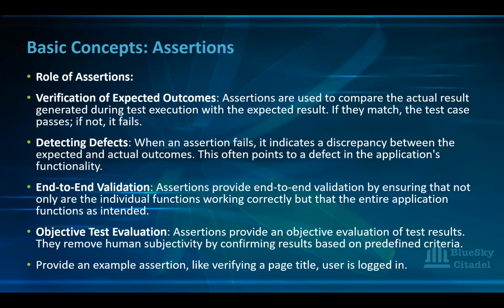Then you have end-to-end validation. This ensures that individual functions are working correctly and also every other function that works together with the system. That is end-to-end. A lot of times people use end-to-end randomly. End-to-end testing means all functionalities individually are working.